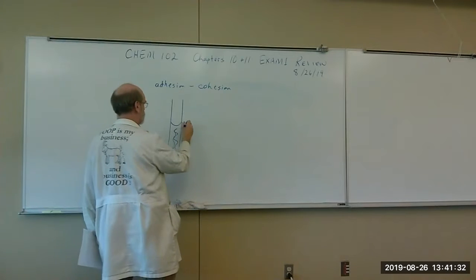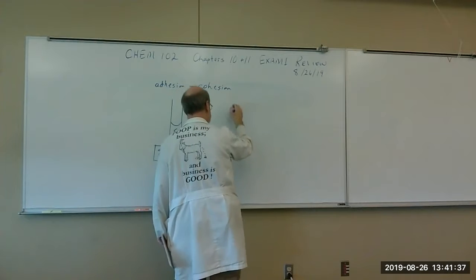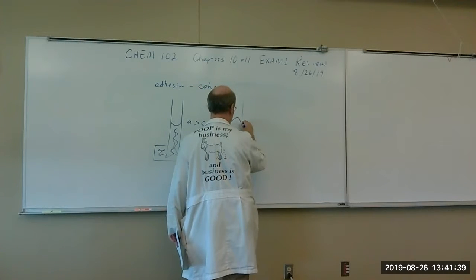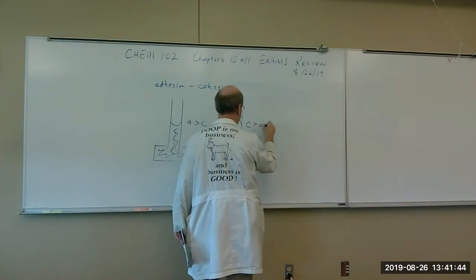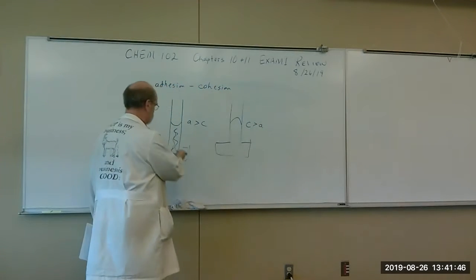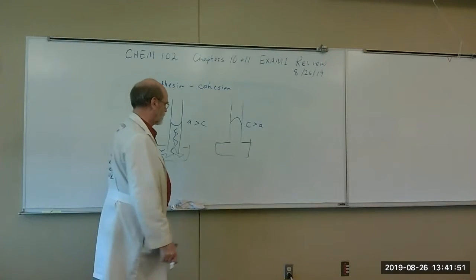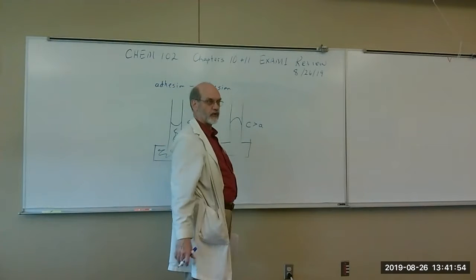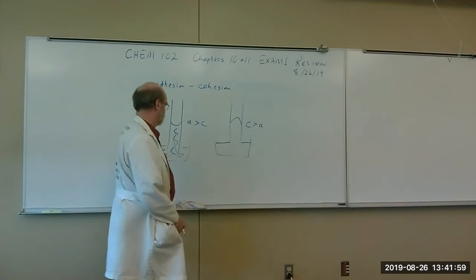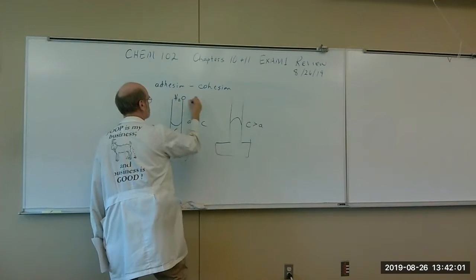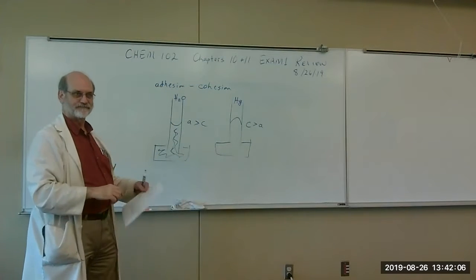Exactly. So A is greater than C for this one. The other possibility is this one. That would just be the opposite. C is greater than A. Example here is water in a glass container or glass capillary. This one, mercury in a glass container. Two examples. Not the only ones, but good ones.